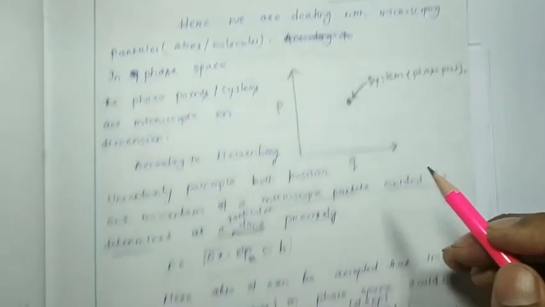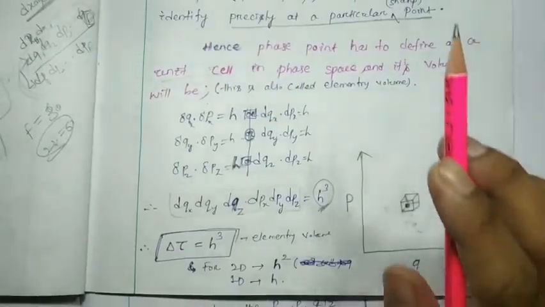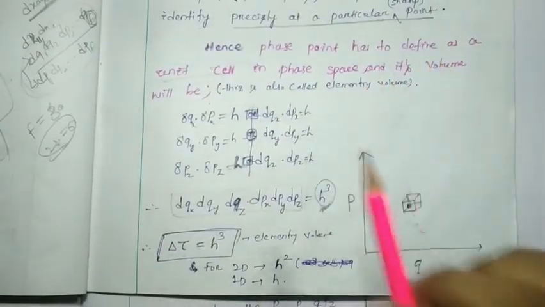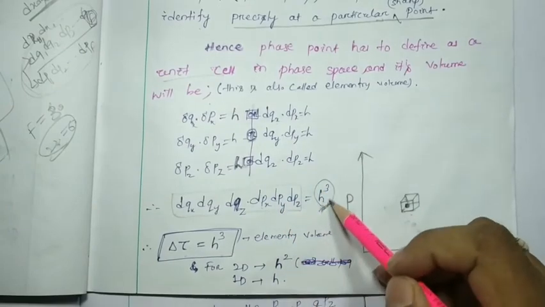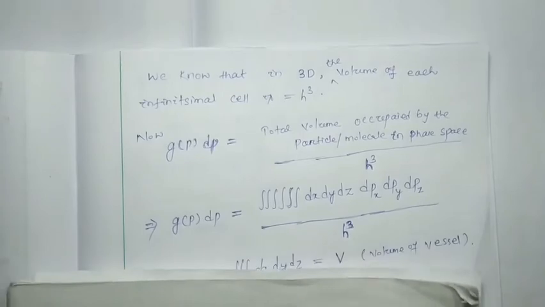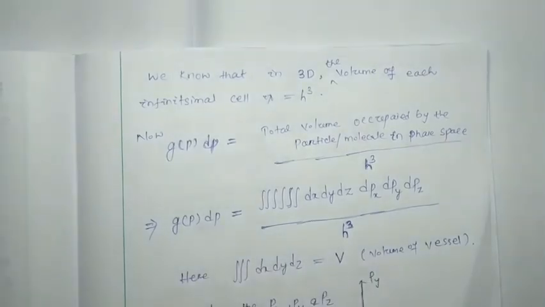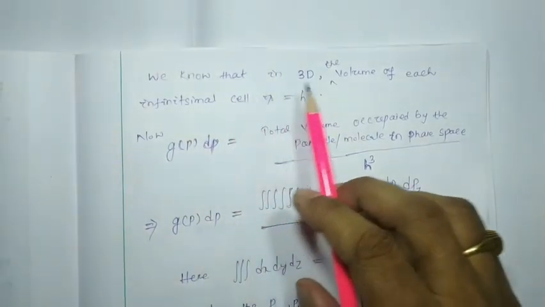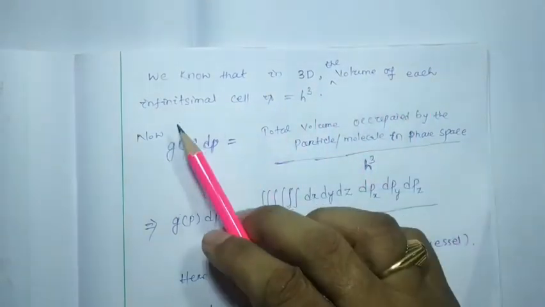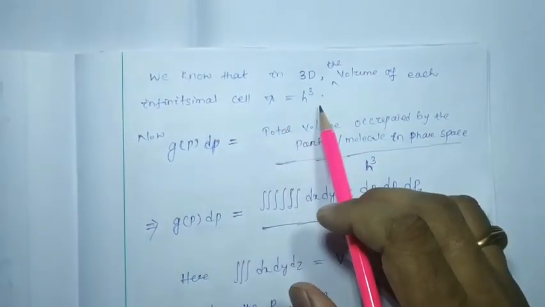For a single particle in 3D, that infinitesimal volume is h^3. So here we consider that in 3D the volume of each infinitesimal cell is h^3.